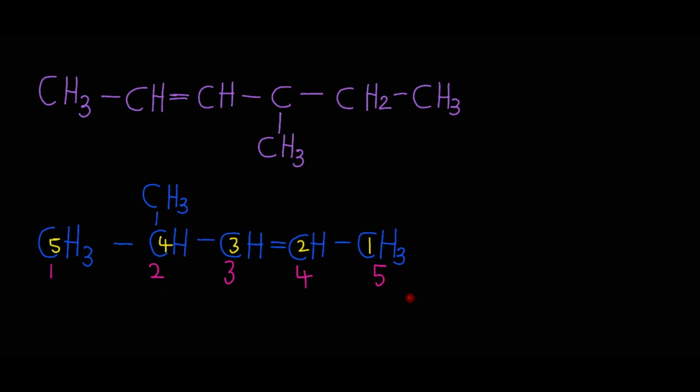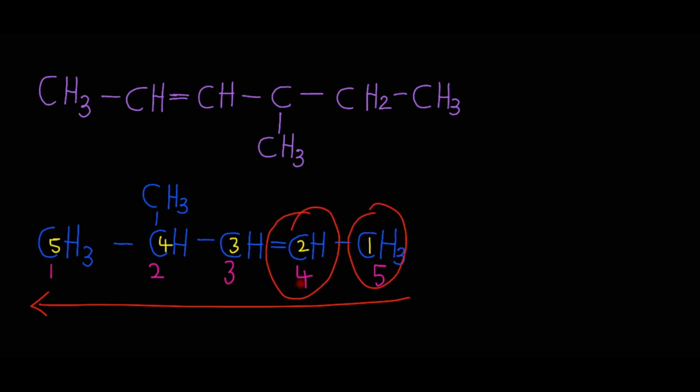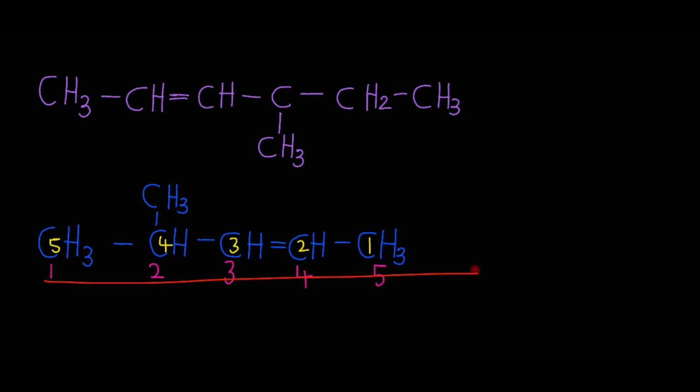When we move from right to left, this is 1 and this is 2. We obtain a double bond at carbon number 2. And then now let's see when we move from left to right. This is 1, 2, 3. We obtain a double bond at carbon number 3. So between 2 and 3, we will take the priority of 2.